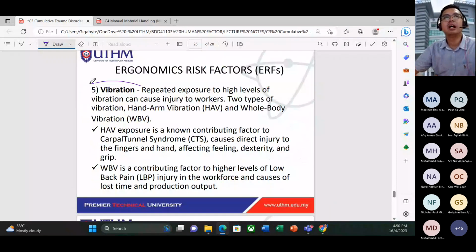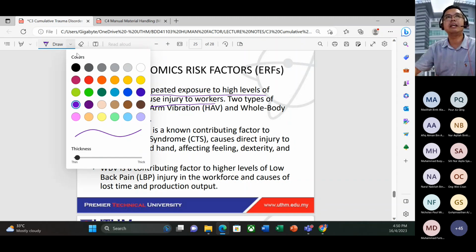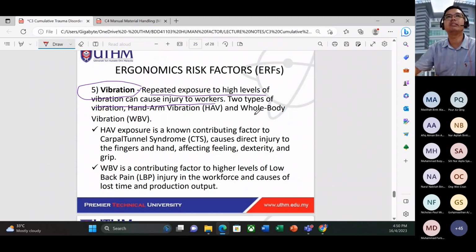And vibration. Repeated exposure to a high level of vibration can cause injury to workers. So there are two types of vibration. We call the first HAV, which stands for hand arm vibration. And number two, whole body vibration, WBV. So HAV exposure is a contributing factor to carpal tunnel syndrome.